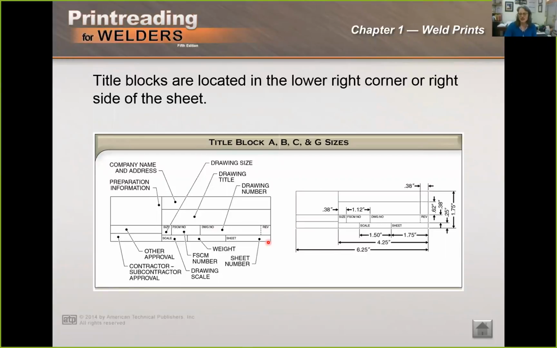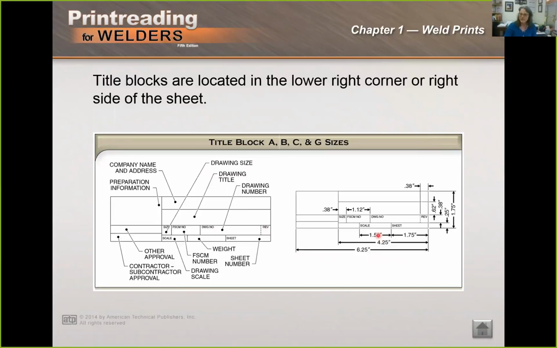Specific sizes of title blocks vary both by sheet size and by company. Not so much by drafter anymore, because the drafter is generally going to conform to a company standard, unless you are running your own company, and then you can create your title block however you would like it.